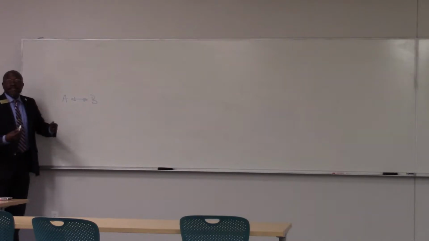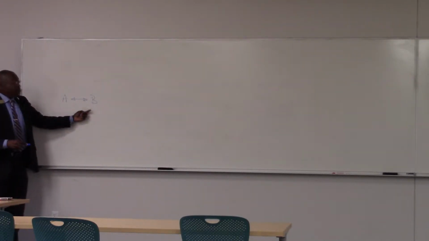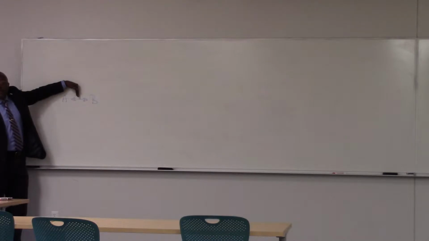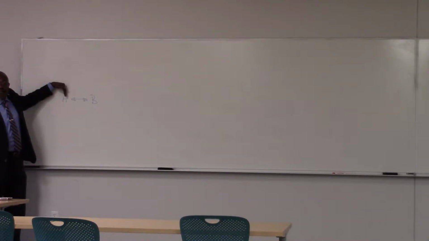The true entity is a weighted average of these. So it could be somewhere here where it's very A-like and less B-like, or it might exist somewhere here where it really is a true mixture of A and B. It's half and half. Or it could be very B-like. But it's not true A, and it's not true B.